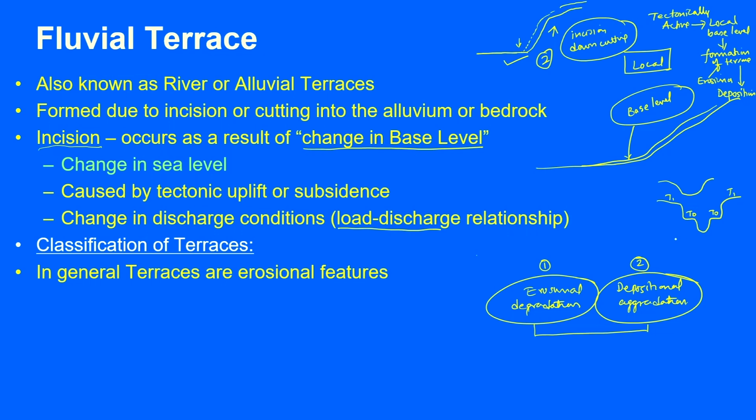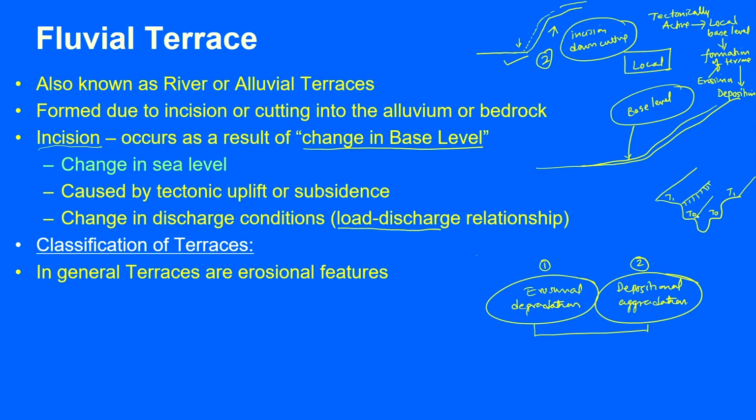So this we are talking about is the typical cross profile of the channel, when we are having a sort of pair of terraces. Right now this is what we see.